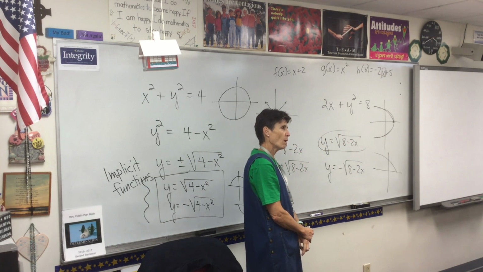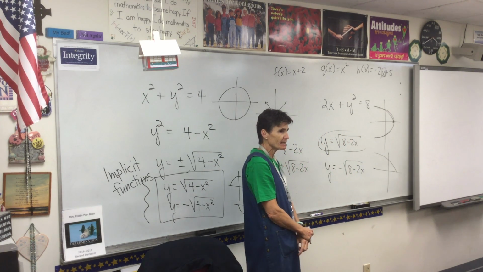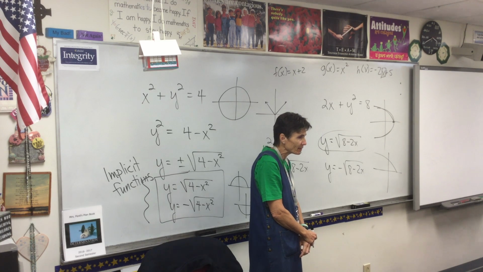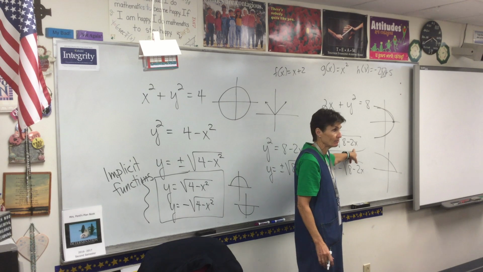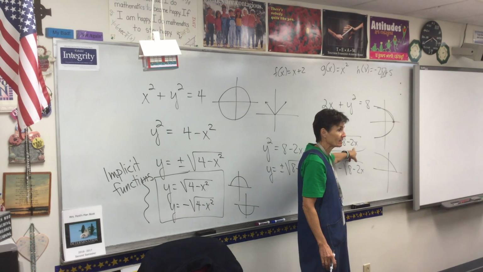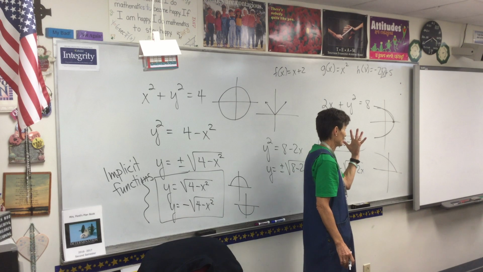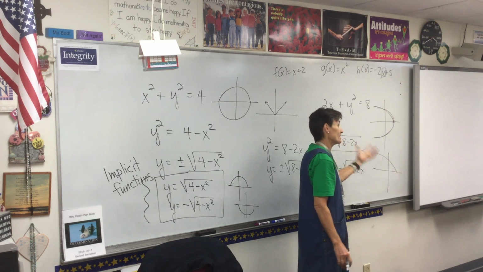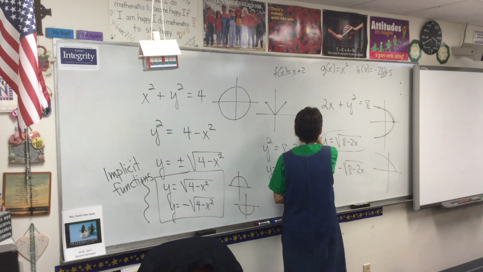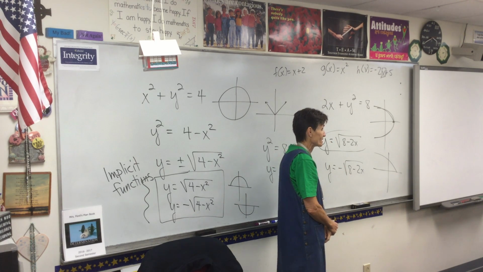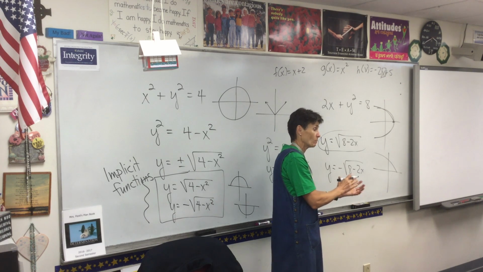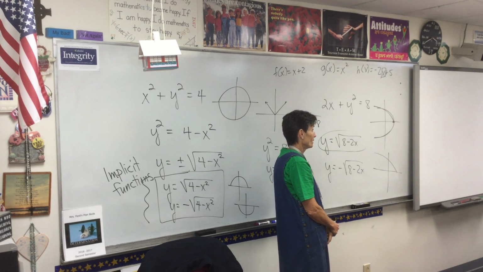It's going the wrong way. Does anybody have any idea what made that happen? The negative. When the x is made negative, it turns things backwards. So that's why it's pointing that direction. If we would have had 2x minus 8, then it would have been moved, but it would have been going the same direction as it always goes.